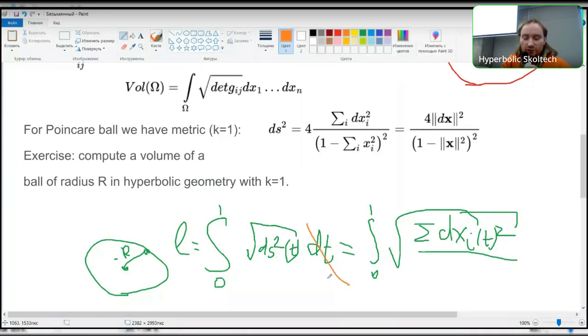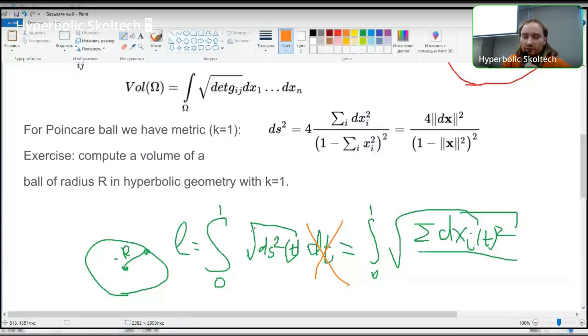There should be no such thing here, since we already took a square root of some differential of some tensor, which already contains some differentials. So here we have something like 1 minus x_i(t) squared.